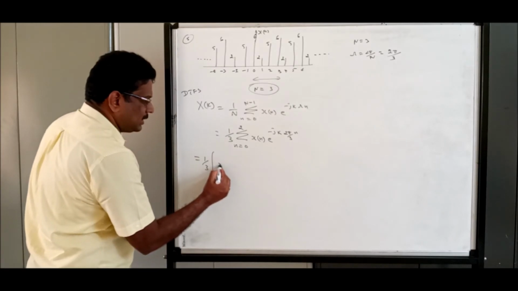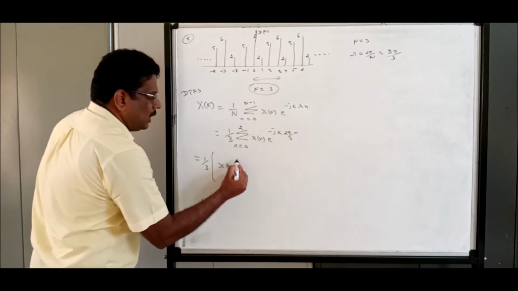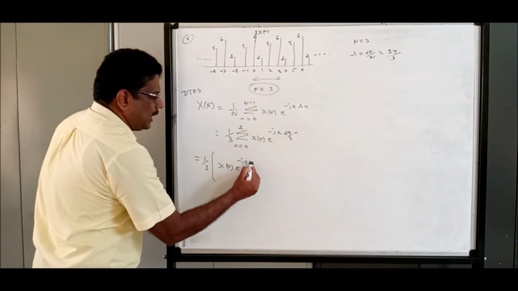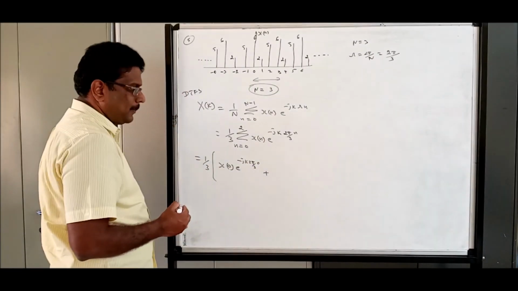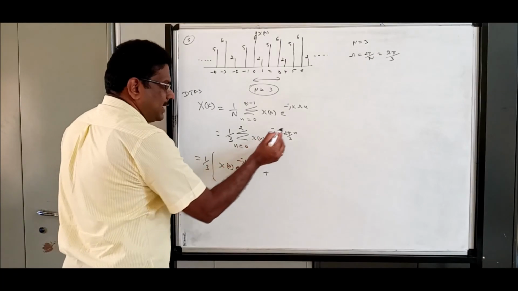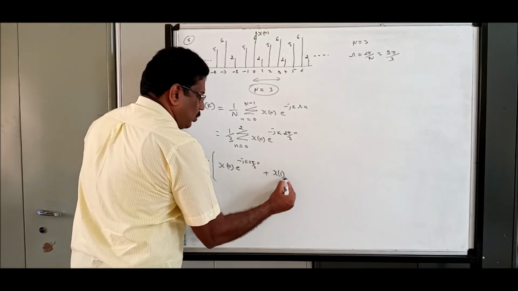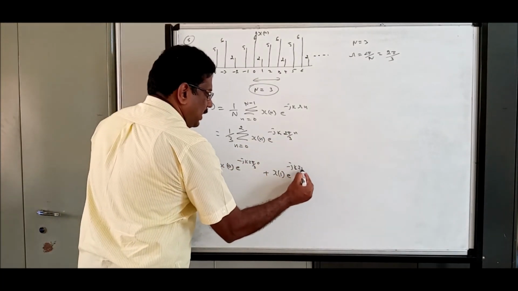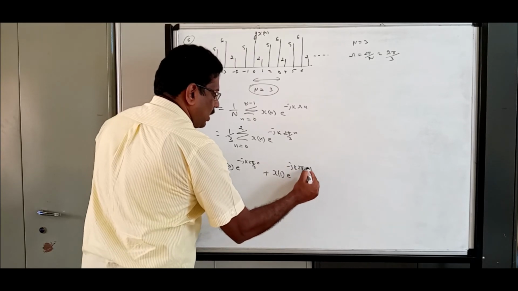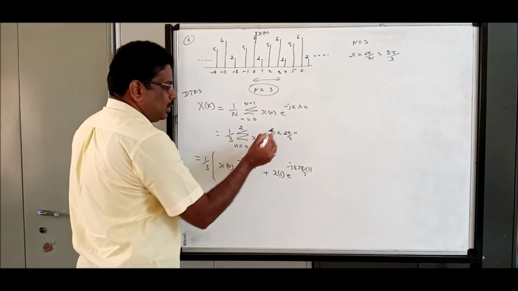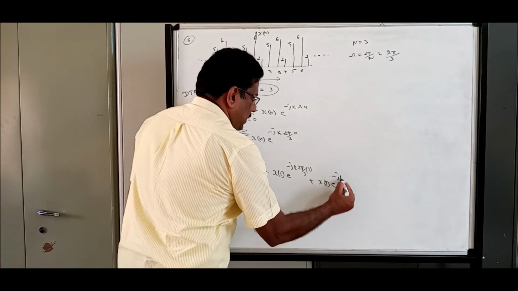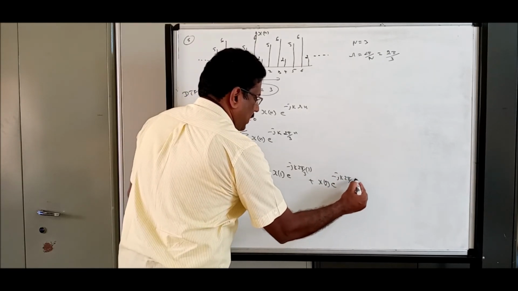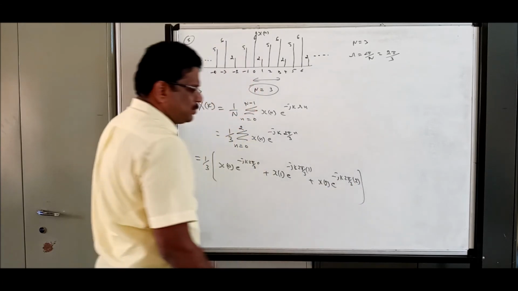What will be the result? x of 0 e power minus j k 2 pi by 3 into 0. Plus, next, n is equal to 1: x of 1 e power minus j k 2 pi by 3 into 1. Next, n is equal to 2: plus x of 2 e power minus j k 2 pi by 3 into 2. I just substituted the things.